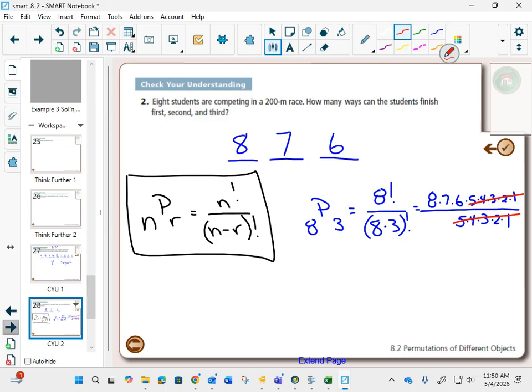So sometimes we can think that there's a connection between the permutation formula and our decisions and choices.